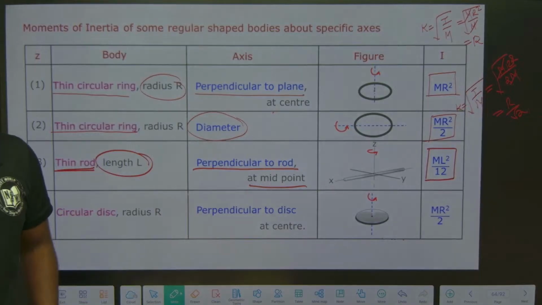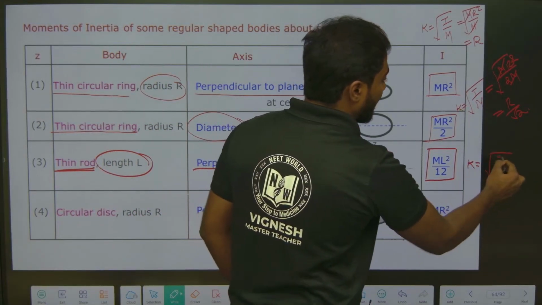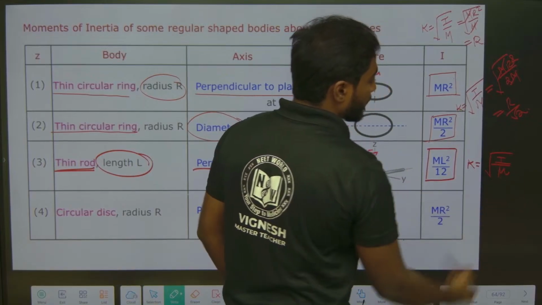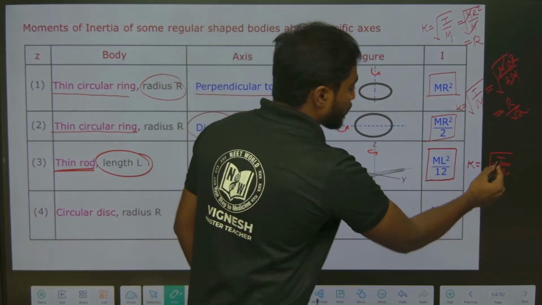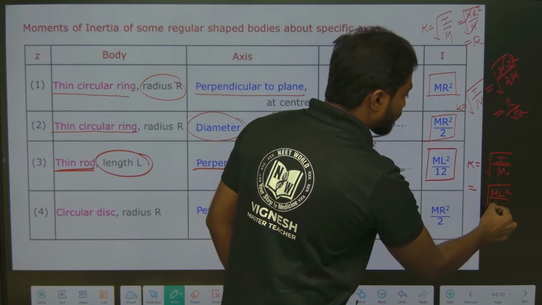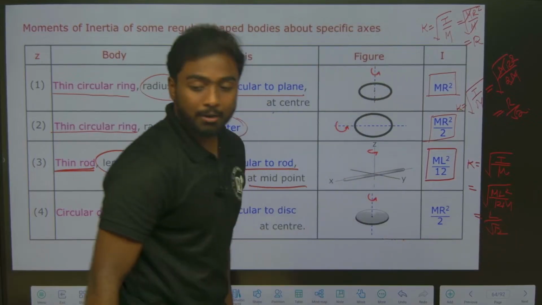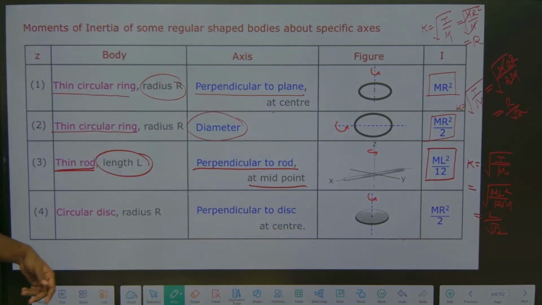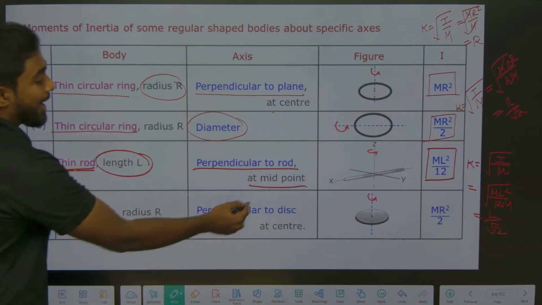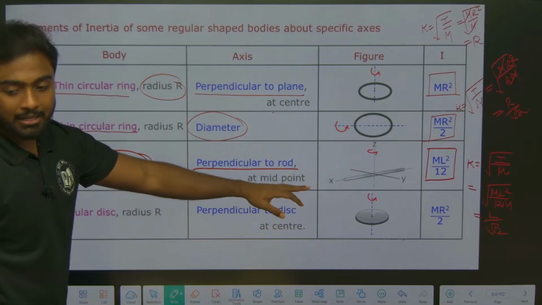So k will be equal to root over I by m, right? Now I by m, substitute the value of I there, which is nothing but ml square by 12m. So L by root 12 will be my radius of gyration for the thin rod, where the axis is perpendicular to the rod at a midpoint.